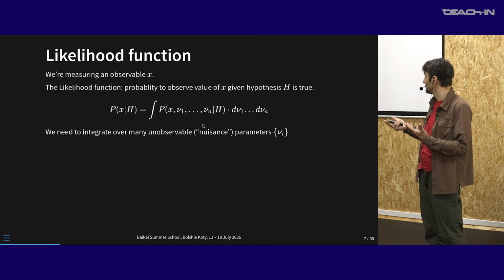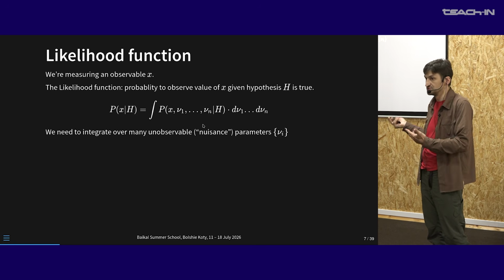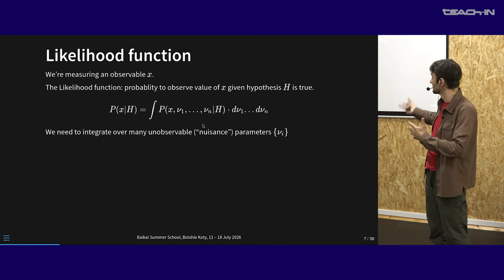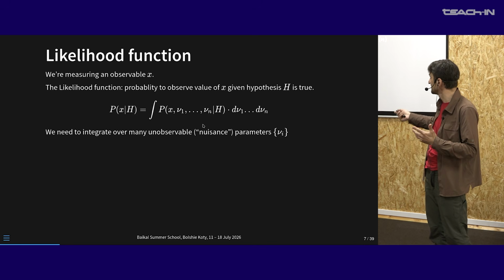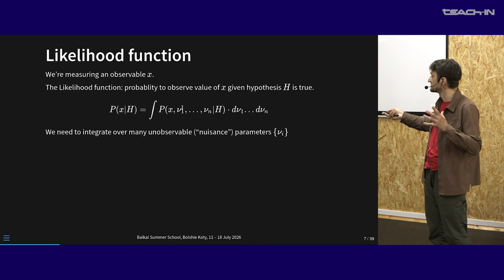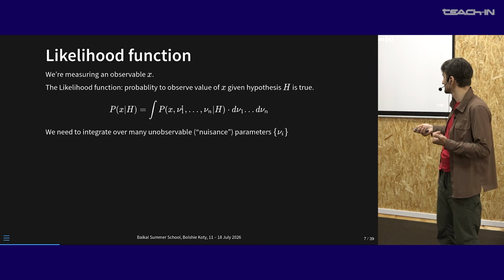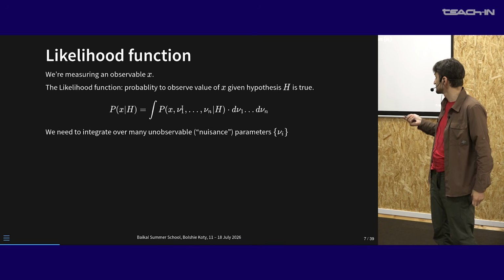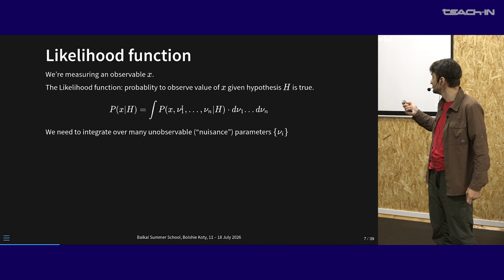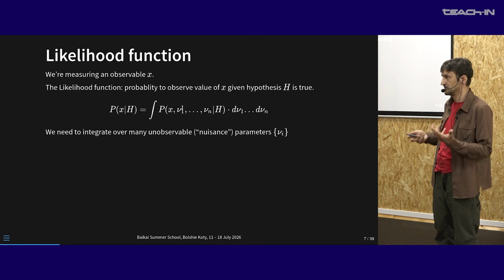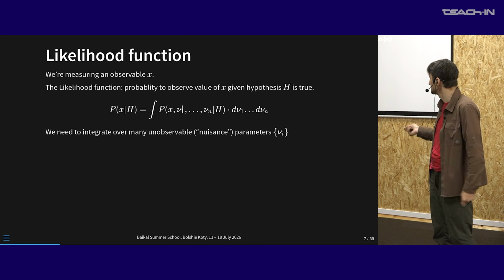Over all these unobservable parameters, called nuisance parameters, we need to integrate. The more degrees of freedom you have, the bigger your multifold integral becomes. So this huge integration, if done numerically, can be quite difficult, quite cumbersome.